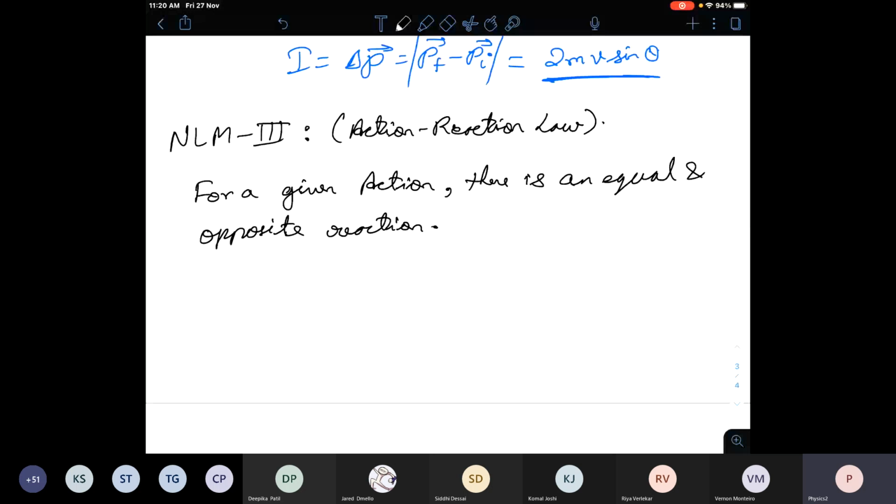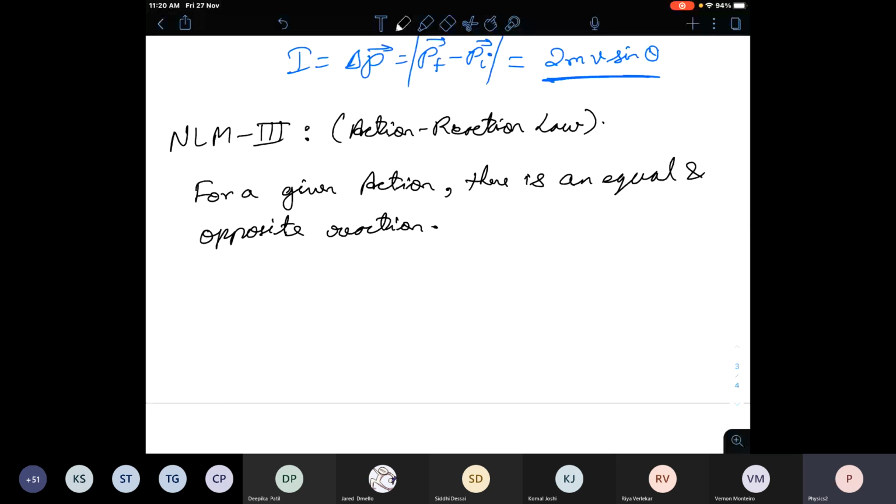Very simple statement. If you apply a force on some object, the other object applies a force on you with the same magnitude but in the opposite direction.